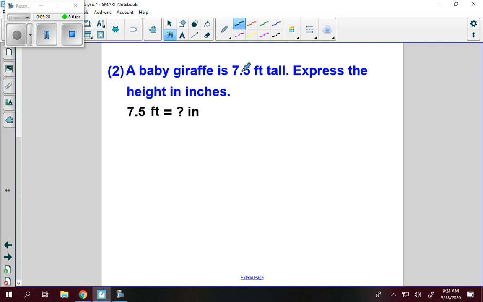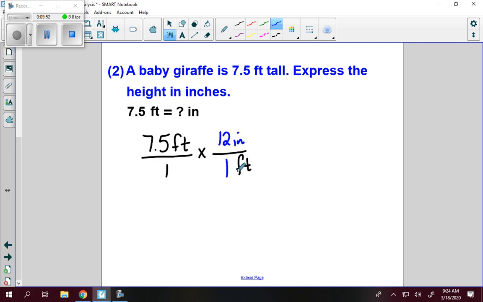All right. Welcome back. So if I have 7.5 feet tall, I'm going to say 7.5 feet. Put that over 1. I have to get rid of feet because I'm going to inches, so I'm going to set up my next fraction so that when I think about the conversion, it will be a lot easier. When I come back, I've got to get to inches, and I know that there are 12 inches in 1 foot.